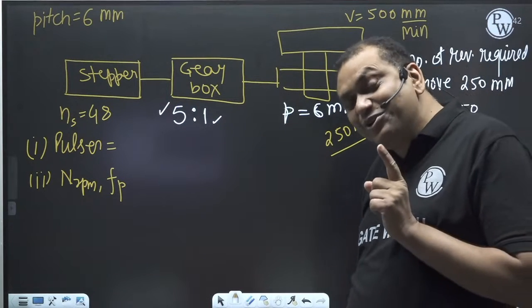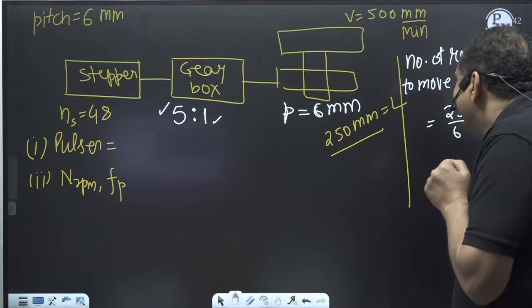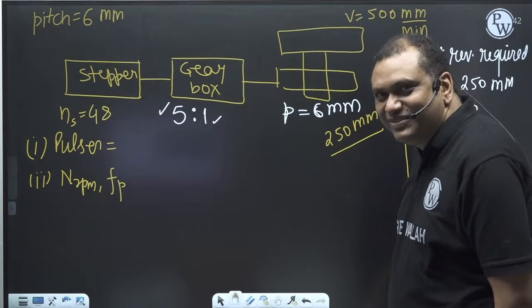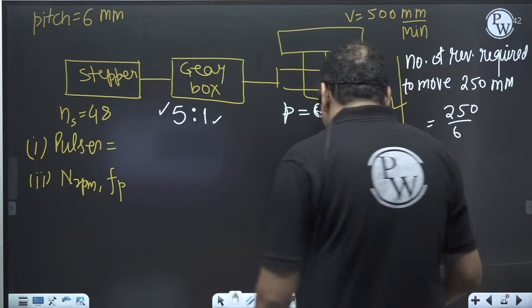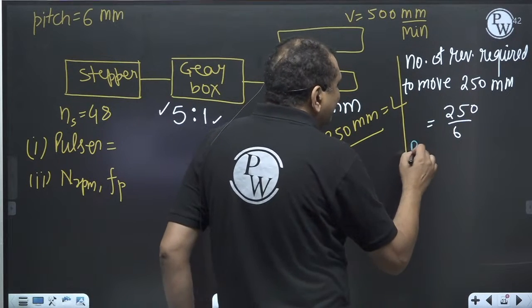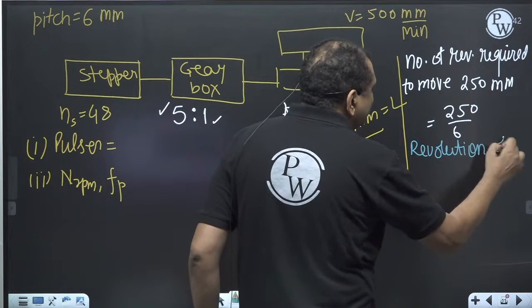Is that okay? 250 divided by 6. This is the number of revolutions of the lead screw. Now, revolutions of stepper required.